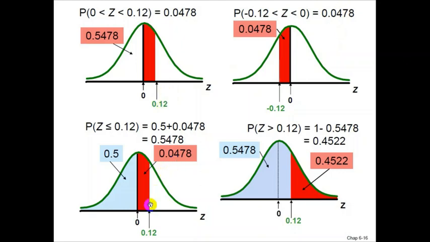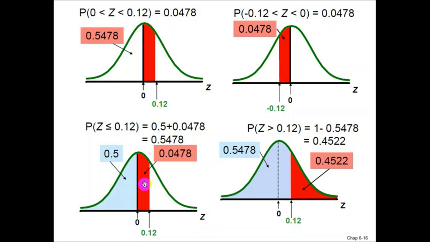The third possibility is you were asked to find the probability that Z is less than 0.12. So Z less than 0.12, this is your 0.12. When we say less than 0.12, it means that we want this red color region plus the blue color region here. The blue color region, you know half of it is actually 0.5 probability.